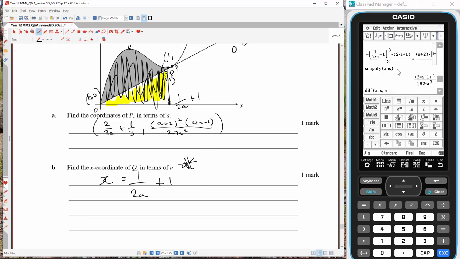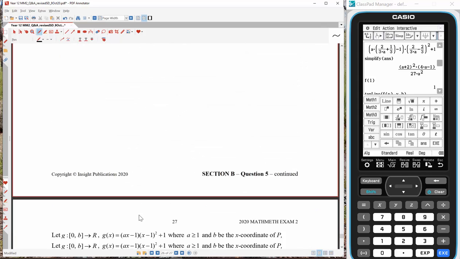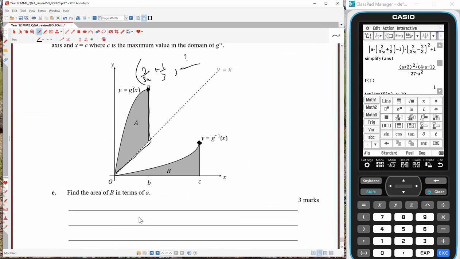So C is equal to, the x value here is (a plus 2) all squared over 4a, take 1 over 27a squared, whatever. Okay, so find the area of B in terms of A.